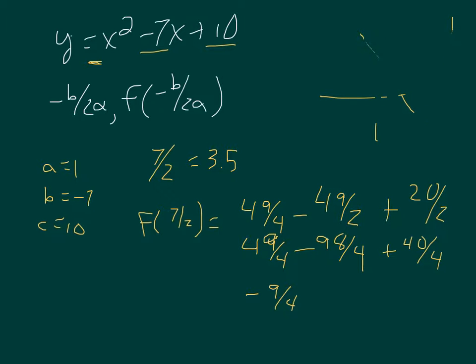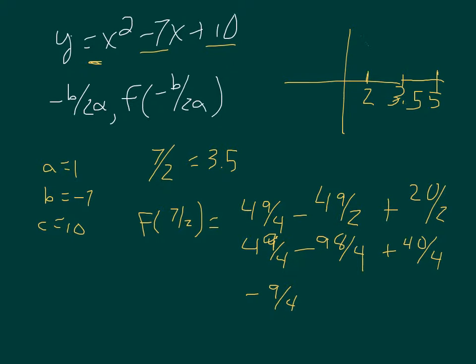We know where it crosses the x-axis because we solved for it. So at 5 and 2, we know they're roots to the equation. This is 2, this is 5. No surprise that 3.5 is right in the middle of them.